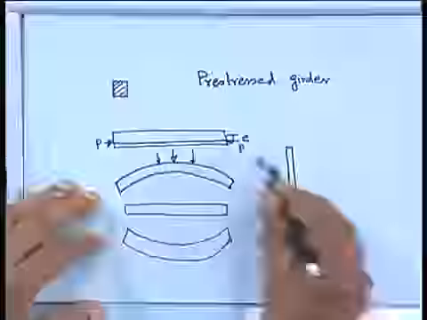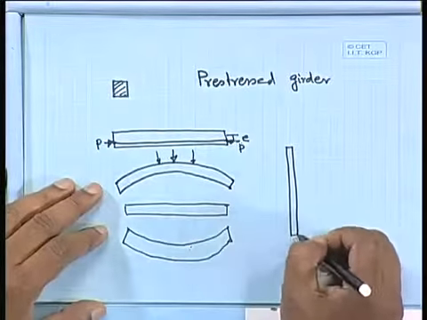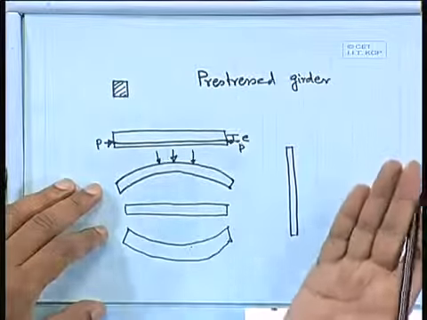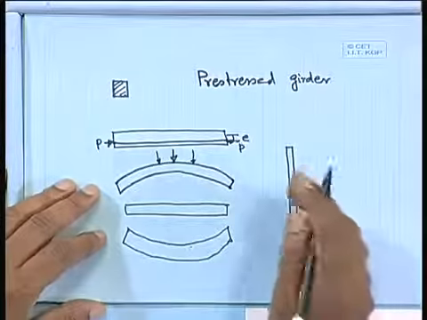But here what we do is use a pre-stressed girder, and that can go 40 meter also, and the depth will be, say, 1 meter, 1.5, something like that. And we use a number of cables, and we use it in bridges.